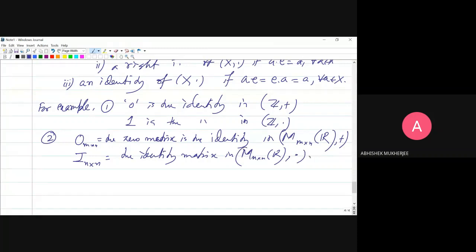Now, if you consider the residue integers modulo n, Zn, then you will see that the 0 class is the identity in (Zn, plus).